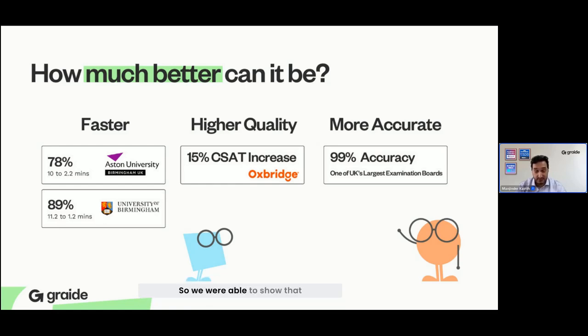We were able to show that we increased student satisfaction by 15% in just a quarter, that being 3 months since Grade was implemented at Oxbridge. And we've shown ridiculously high accuracy of these systems as well, up to 99% accuracy.